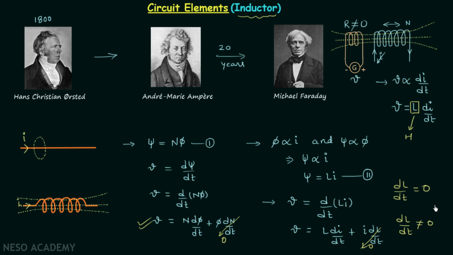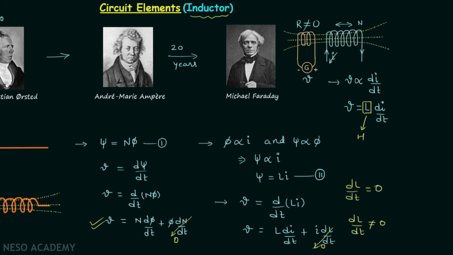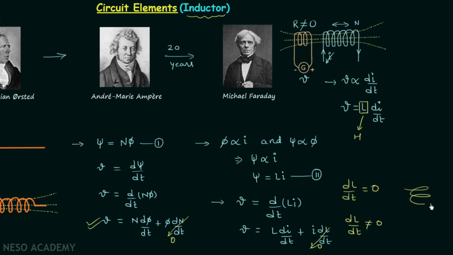For example, let's say we have a scenario in which there is a coil like this, and through this coil there is a core which is moving with time. Now due to this movement of the core, L, that is the inductance, will change. So in this case inductance is not constant, and therefore dL by dt will not be equal to 0.